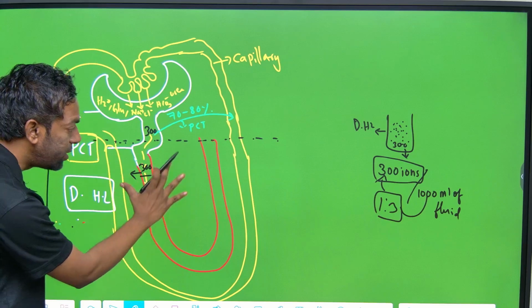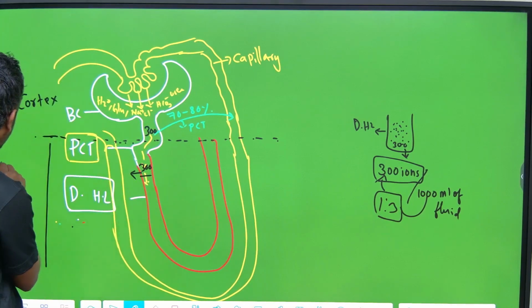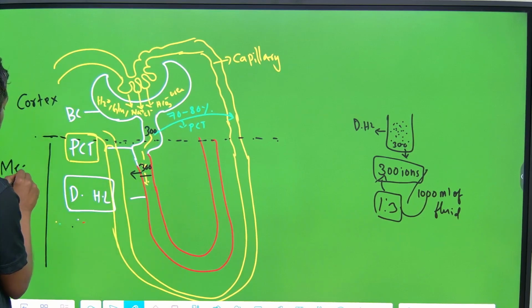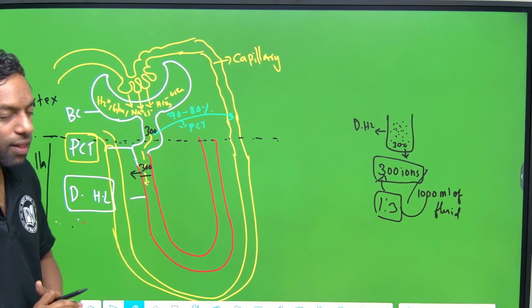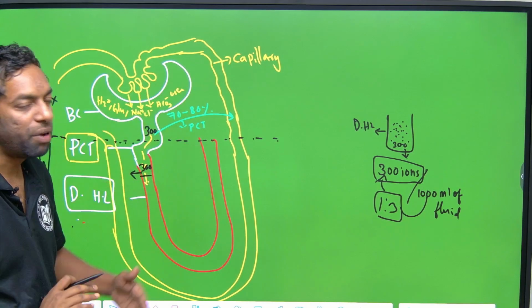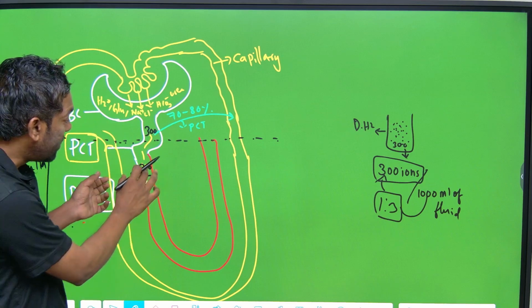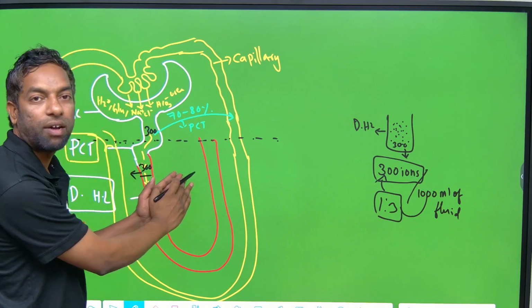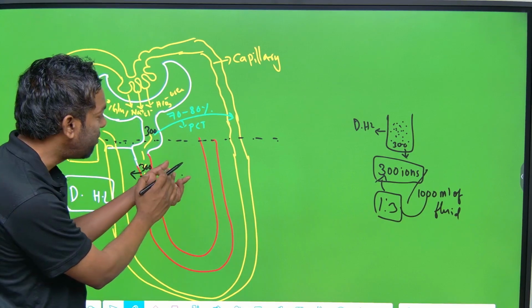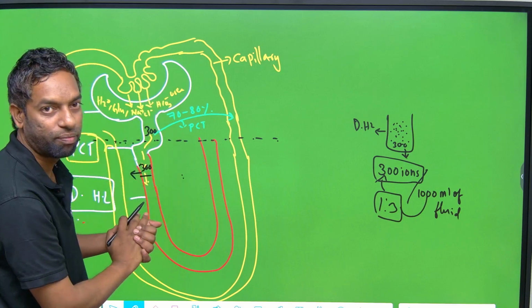The descending Henle limb and ascending Henle limb come under the medulla. Two regions are there, the cortex region and the medullary region. This is the lumen of the nephron and this is the tissue of the kidney, medullary tissue and cortex tissue.